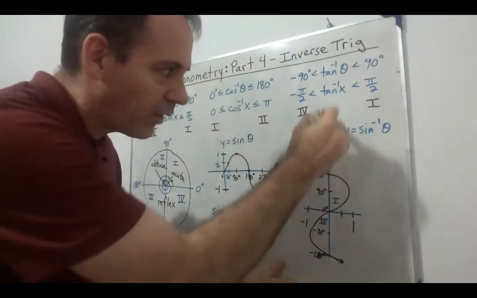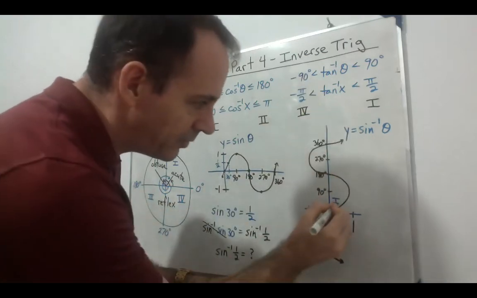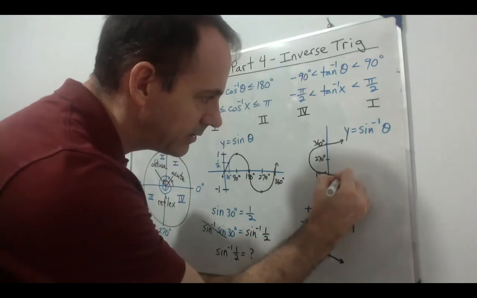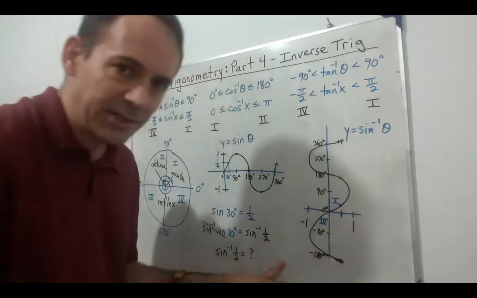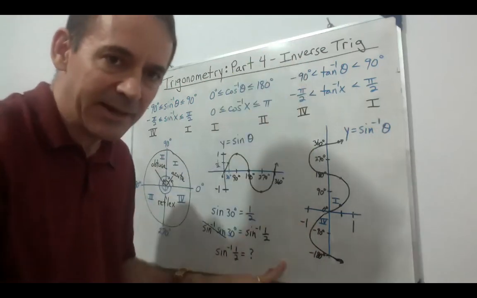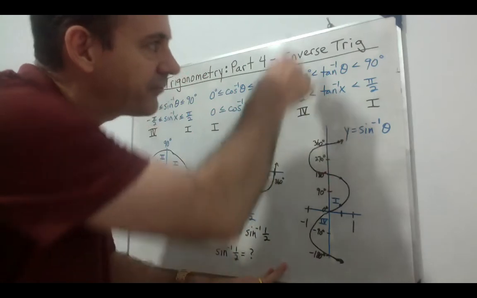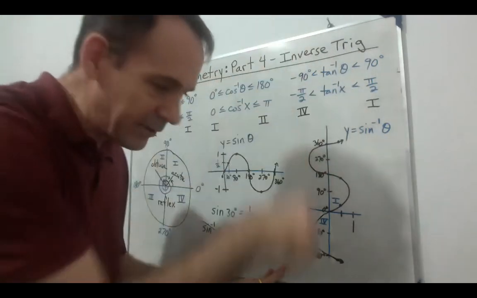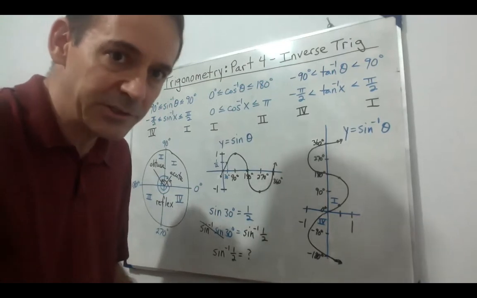Now, when I go up and down along this vertical line of 1/2, notice I get 1, 2, 3, 4. Actually, you get an infinite number of answers because this graph goes back and forth all the way up and all the way down, and you're going to continue running into more and more solutions.